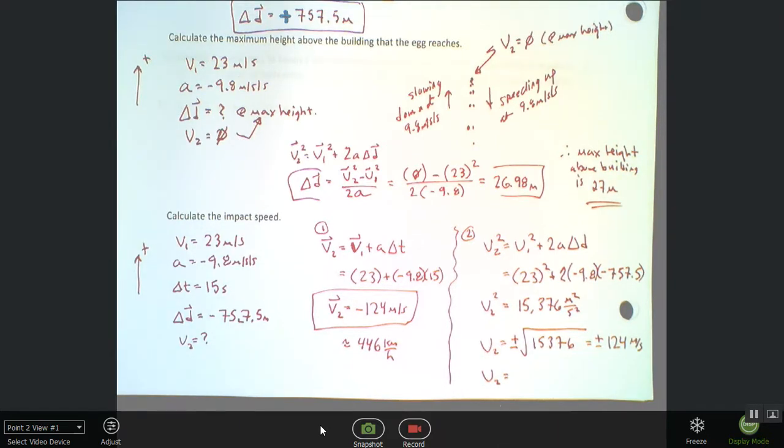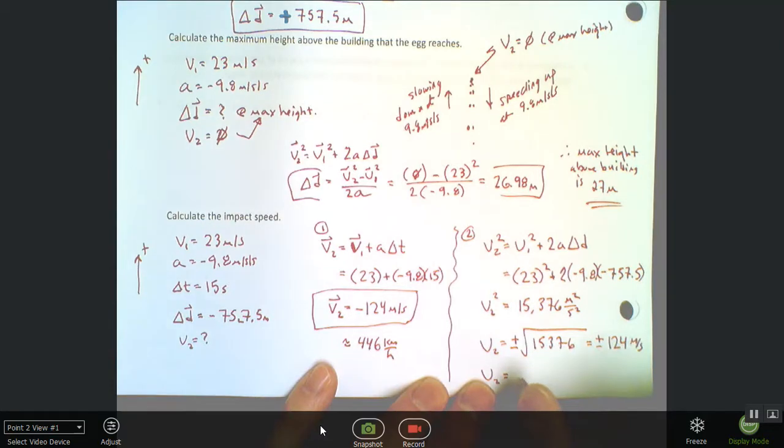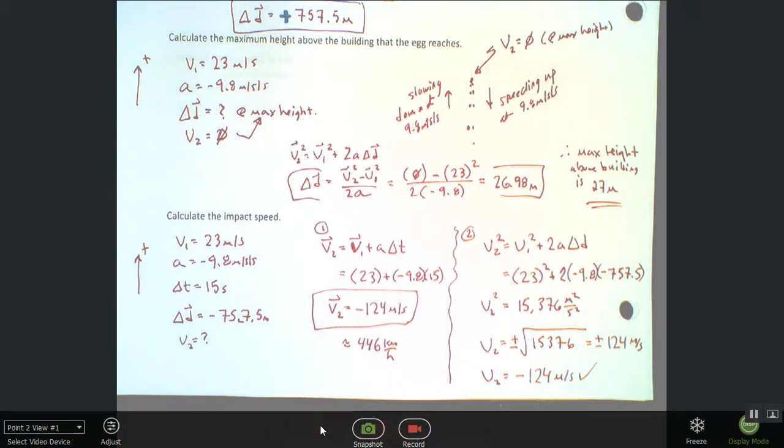Typically there could be one or none, but at this point we realize there are two possible roots we could get, and one of them is the correct one. Since we chose up as positive and it's hitting the ground, we have to consciously choose the negative 124 meters per second. That's super important. Whenever you write the square root, always put a plus or minus. Your calculator should do it for you, but it doesn't. And you see you get the same result.